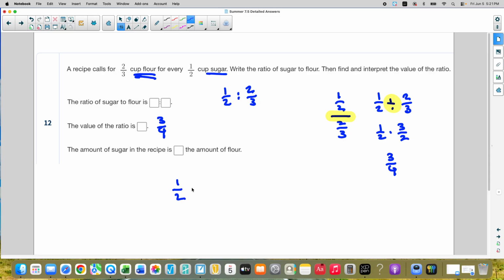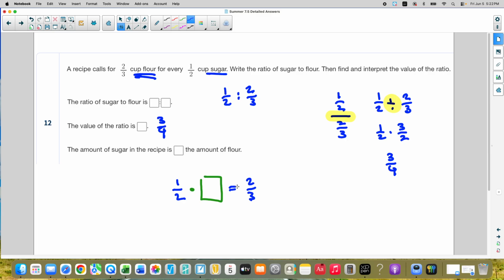How do you go from 1/2 to 2/3? 1/2 times what gives you 2/3? So sugar in the recipe, I think it's this way. It'll be interesting to see, the amount of flour.